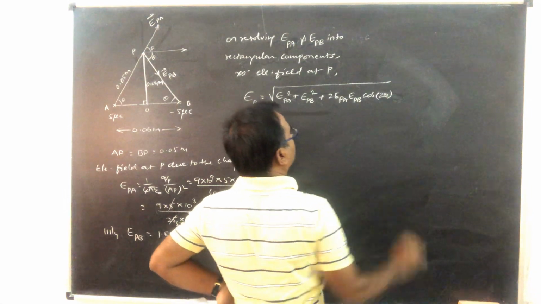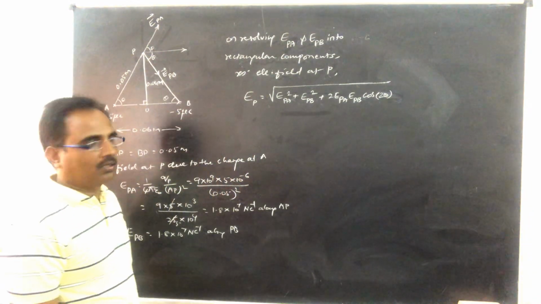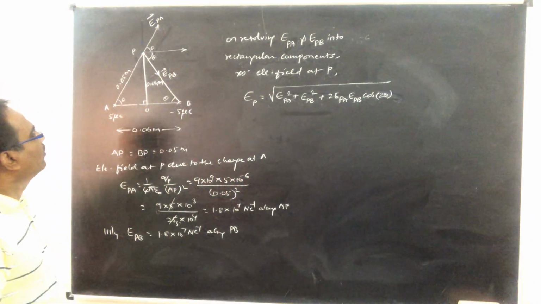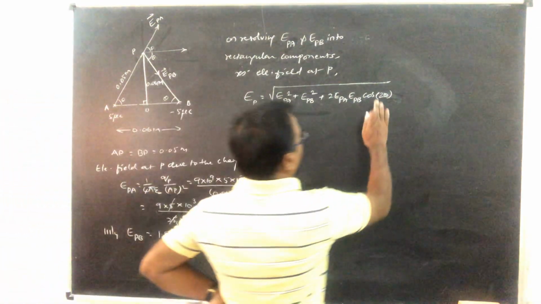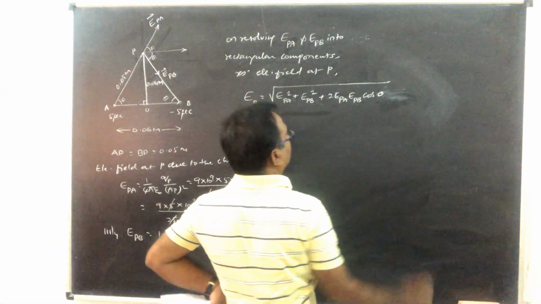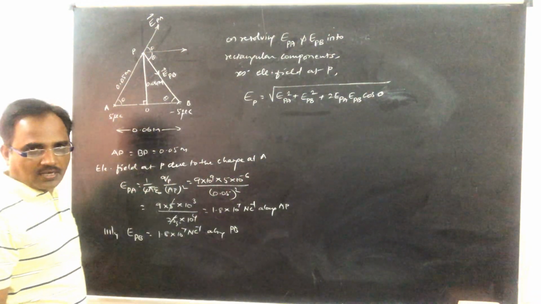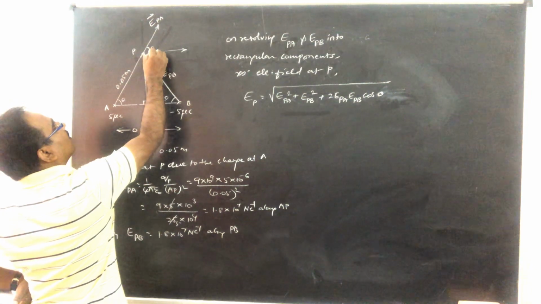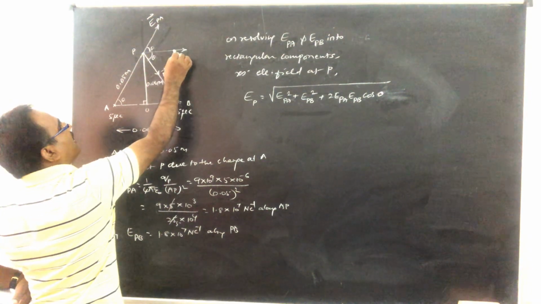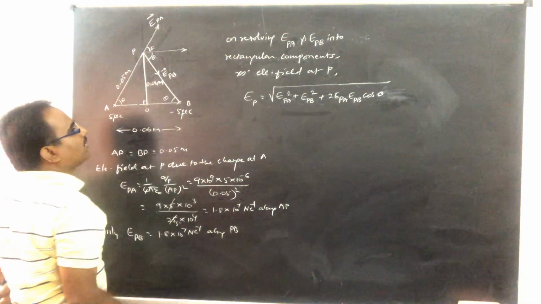2 theta. It is not an equilateral triangle. Sorry, cos theta, not 2 theta. So if this angle is theta, then this component is EPA cos theta, this component is EPB cos theta.